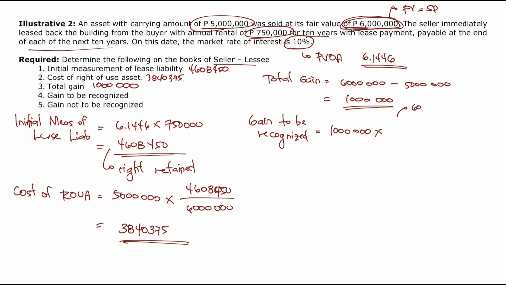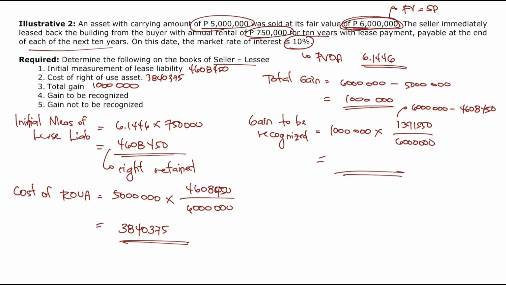Right transferred is equal to the fair value of 6 million minus the right retain, which is 4,608,450. So, right transferred is equal to 1,391,550 divided by, of course, the fair value of 6 million pesos.